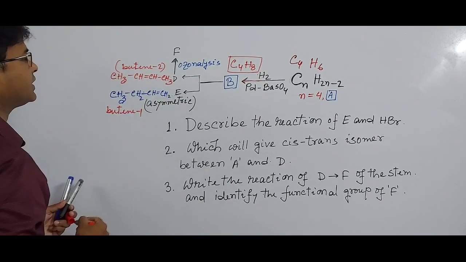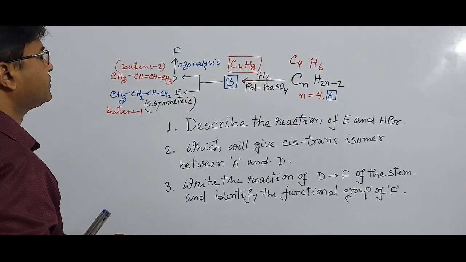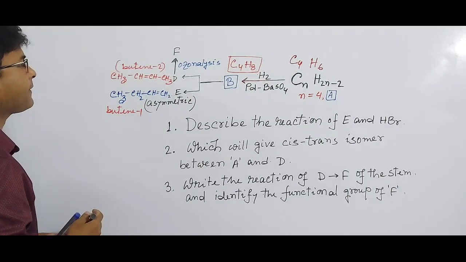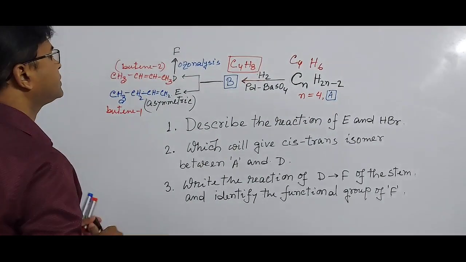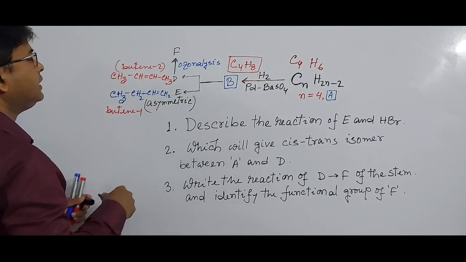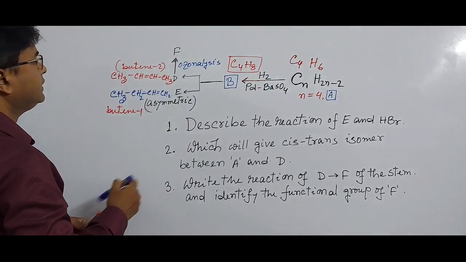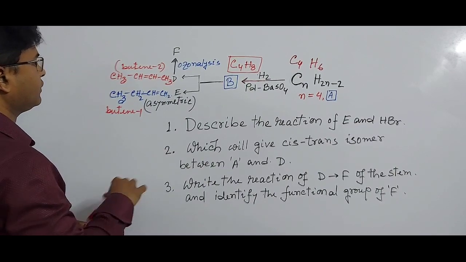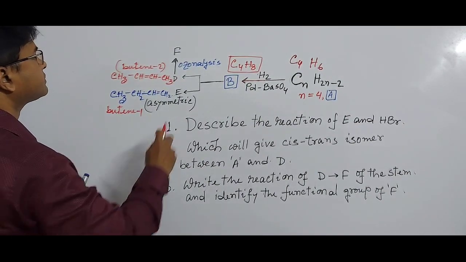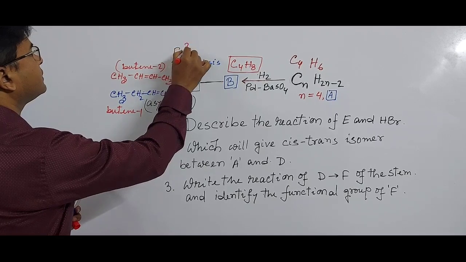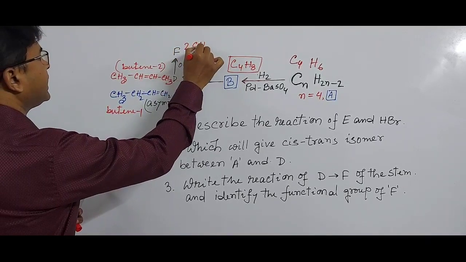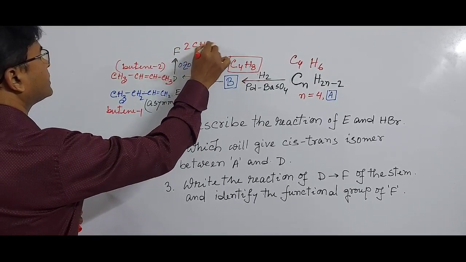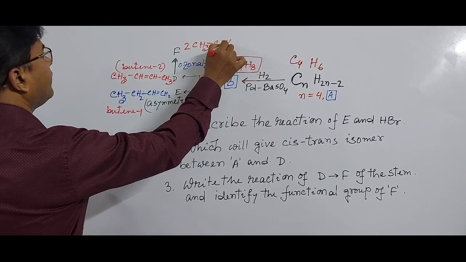Students, if I do the ozonolysis, compound E will give ethanal. So I can write here ethanal, CH3 bond CHO.